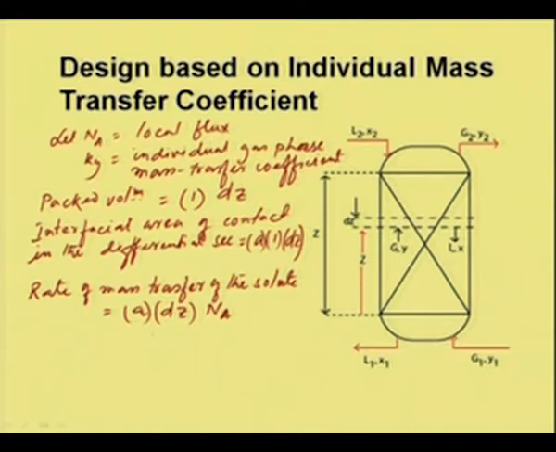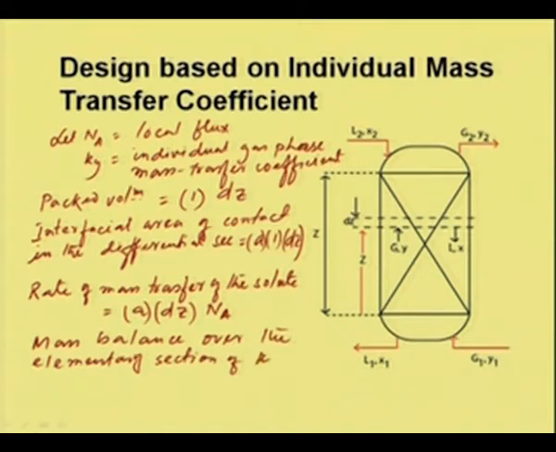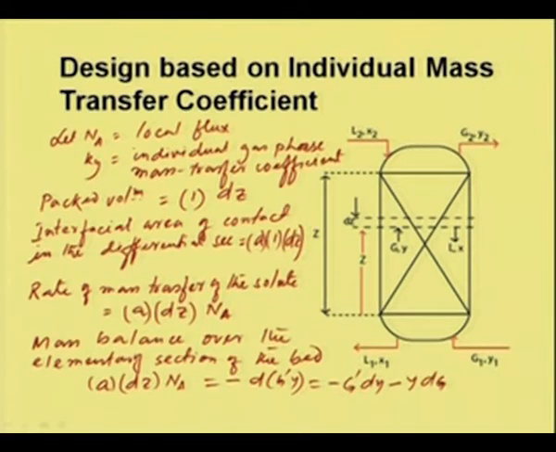Now, if we do the mass balance over the elementary section of the bed we will get a dz Na should be equal to minus d of G dash y, which is equal to minus G dash dy minus y dG dash.